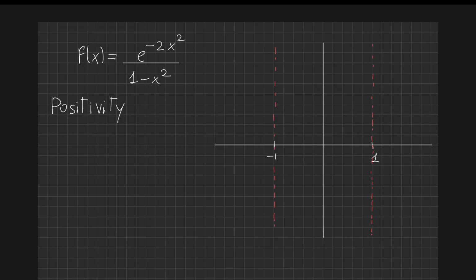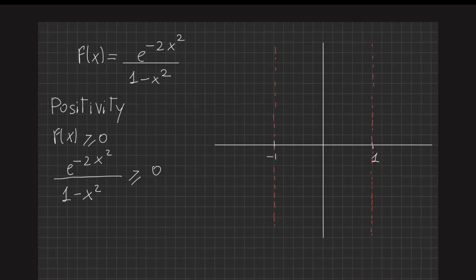The second step in the process is to understand when the function is positive or negative. How do you do it? Well, you want to see when the function f of x, for example, is bigger than or equal to 0. So you just impose that e to the minus 2x squared divided by 1 minus x squared has to be bigger than or equal to 0.